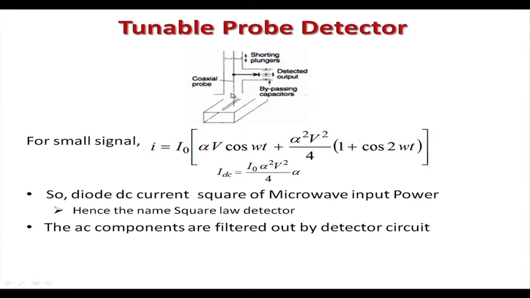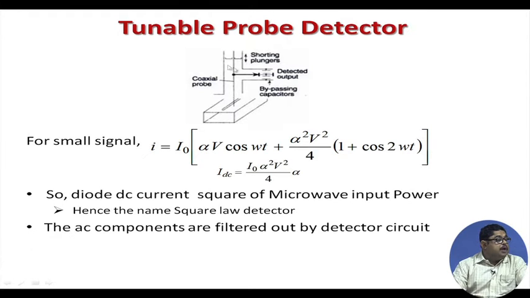Now, this is the coaxial probe. There is a probe, the inner conductor, with that the diode is connected, and then you have this signal taken. Now, there is this diode, then detected output. As in that circuit I explained, the bypassing capacitance is there for the RF. And also there is a shorting plunger.